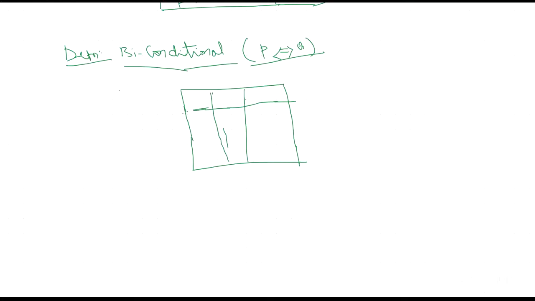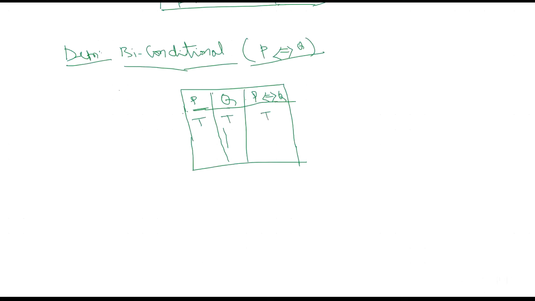P, Q, P biconditional Q. Suppose P is true and Q is true: P biconditional Q is true.